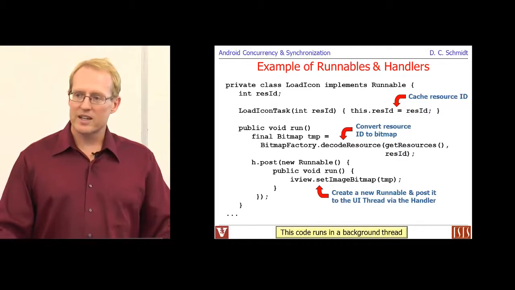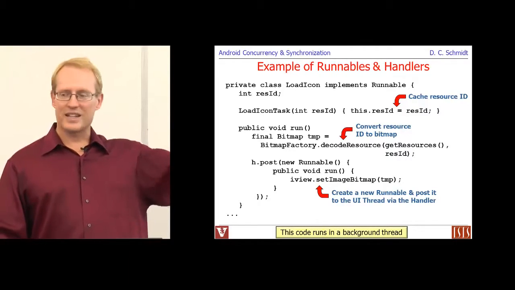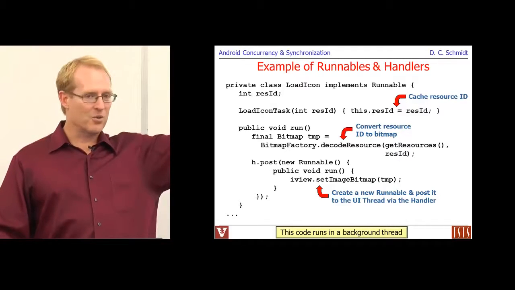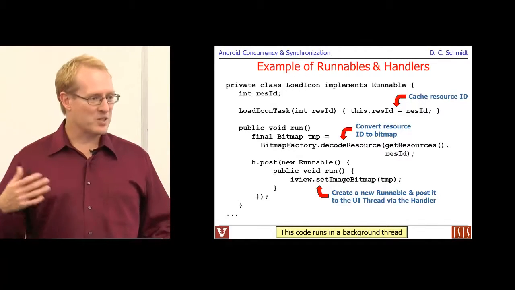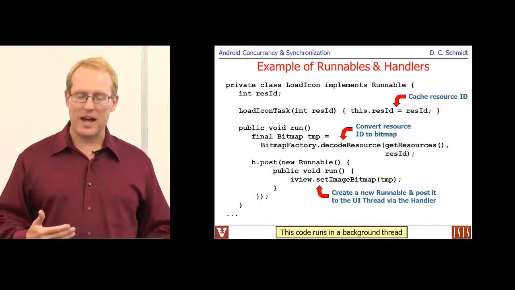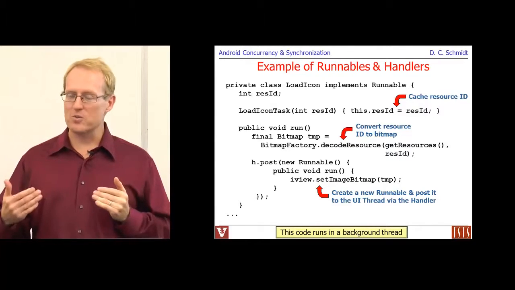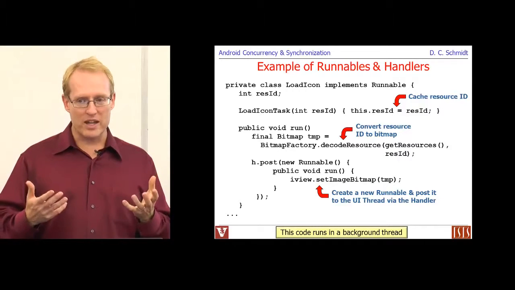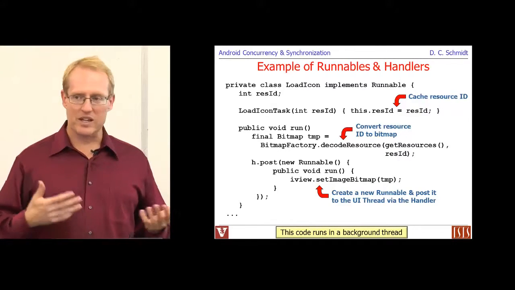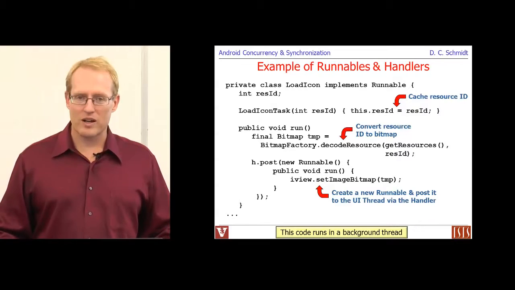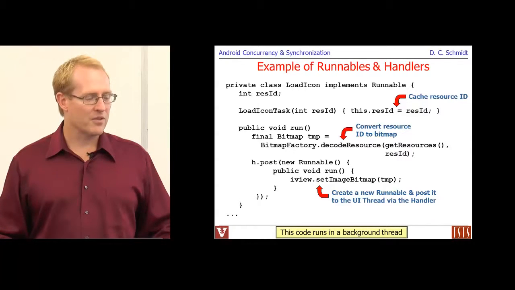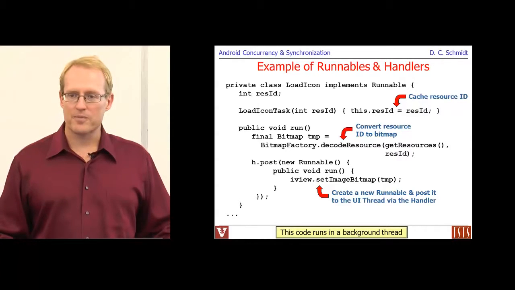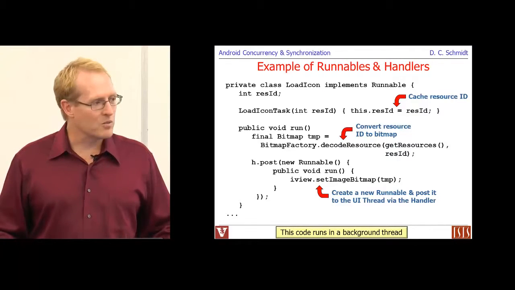We're going to post it in the message queue, and that will then pop up later when the time is right, and that's what gets dispatched. The run method gets called back, and notice when that run method gets called back, what we do is we set the bitmap to be whatever we decoded from the resource ID that we had gotten from the Android resource file, the values file. Okay, any questions about what's going on there?